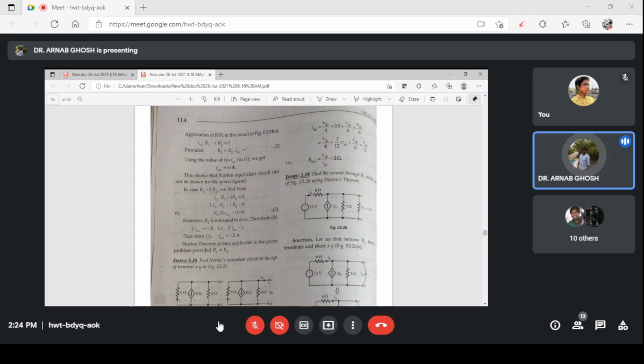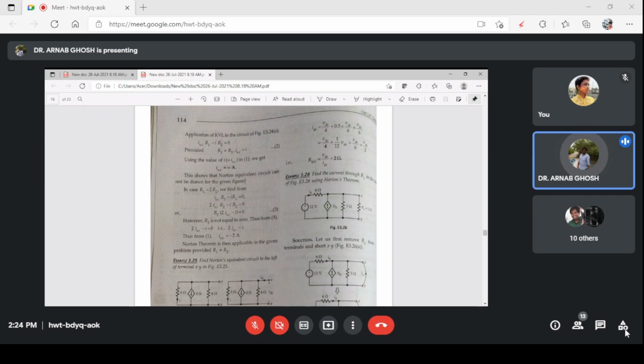That means under this condition, you cannot draw any Norton's equivalent circuit for this. For this kind of problem, it will not have any Norton's equivalent circuit, because your ISC is becoming equal to I, and that is becoming equal to infinity.